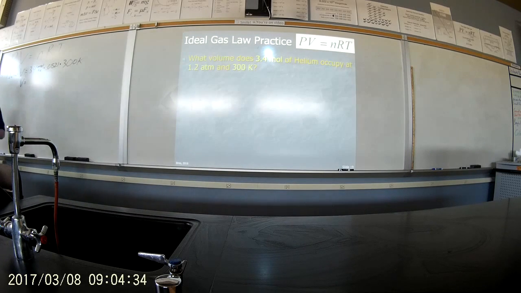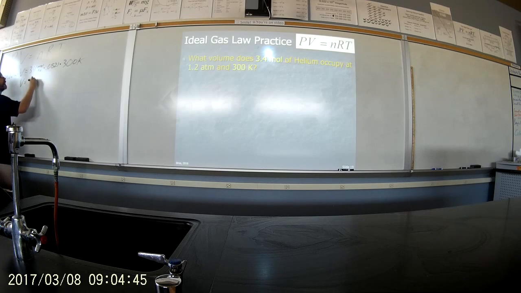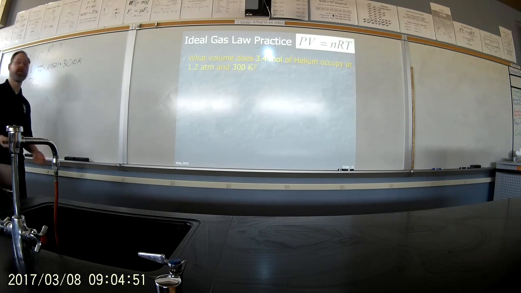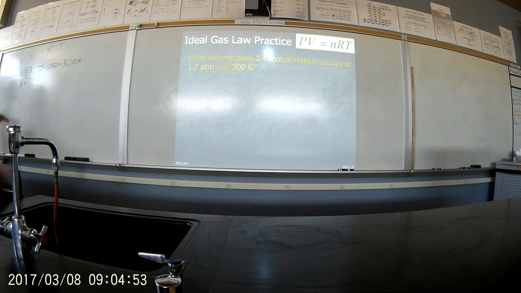Larger than 20? Good. Larger than 40? Larger than 80? Ah, good. What'd you get? 69.7. Can I turn that up to 70? Yeah. All right. So basically, what we're saying is if you have 3.4 moles of gas at 1.2 atmospheres and 300 Kelvin, it will occupy a volume of 70 liters.